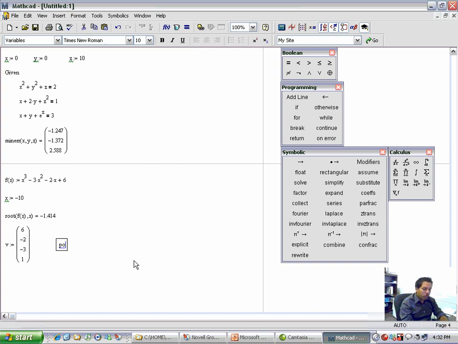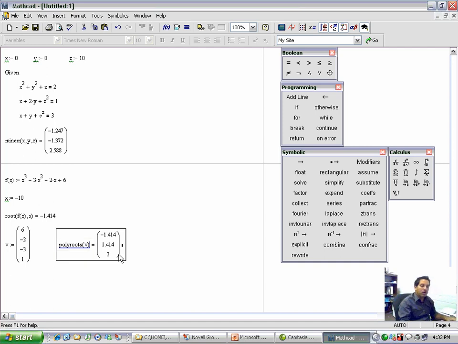And I can use polyroots of vector b, and it would automatically assume that there is a polynomial that has these coefficients, and obviously it knows it's a cubic polynomial because it has 4 coefficients, and the solutions are minus 1.414, 1.414, and 3, which are exactly the ones that we found through the use of the roots function.